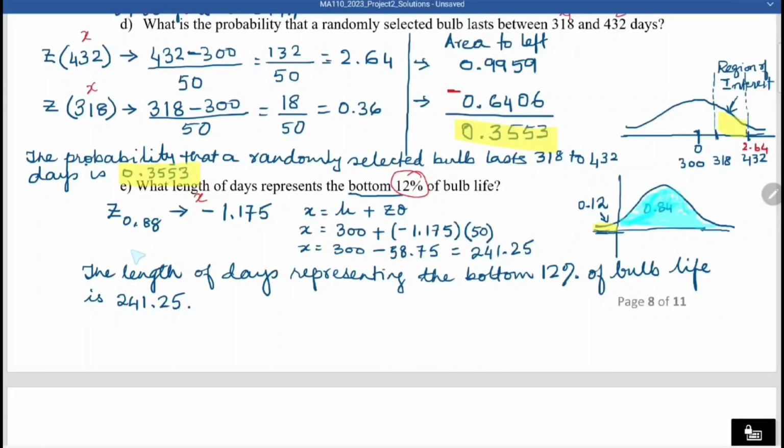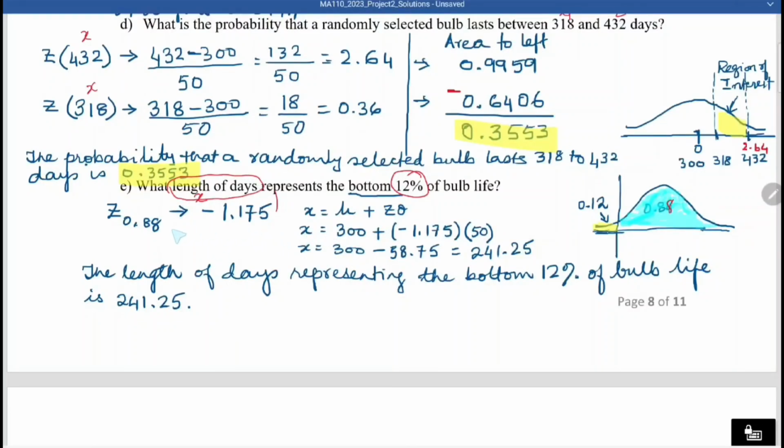So first we find the z value, z sub 0.88. That means the z value whose area to the right is 0.88. You have to look this up from the table. It's roughly negative 1.175 approximately. This x value corresponds to the length of days, right?